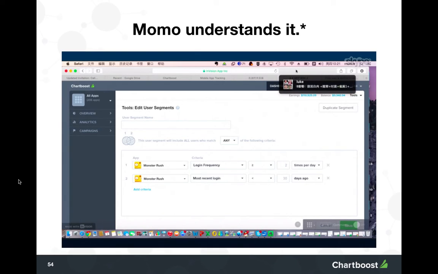Okay, and what is the previous screen mean? Go ahead and click on any. So what does this one mean? This one means you have to fit both rule 1 and rule 2. Okay. And what if you click on add criteria, that link? No, down the blue link. What does this mean?